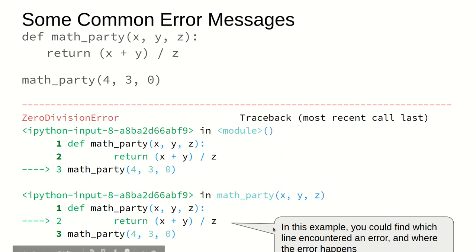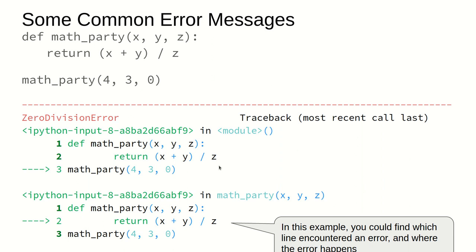So you can find which line encountered the error. You may also have to dig a little further in the trace here and see where the error happens. Sometimes it will be even at a different line from there. For instance, if I was using variables, instead of 4, 3, 0 here, I had A, B, C that had gotten their values somewhere further up in the program.